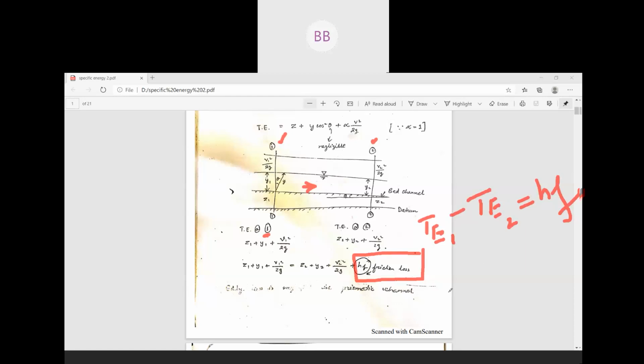In Bernoulli's equation we consider this head loss due to friction negligible, that is our assumption. That is why we write z1 plus y1 plus v1 square by 2g is equal to z2 plus y2 plus v2 square by 2g.